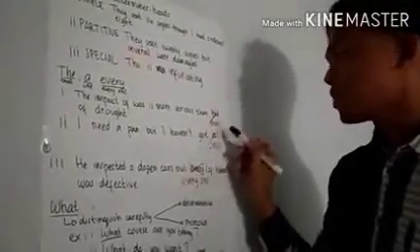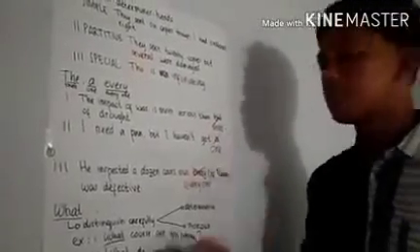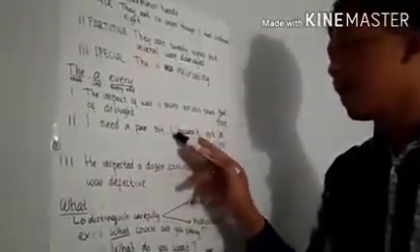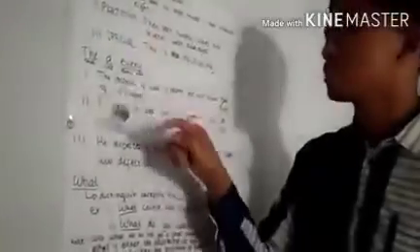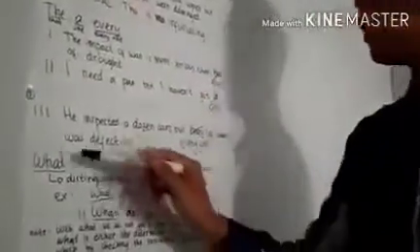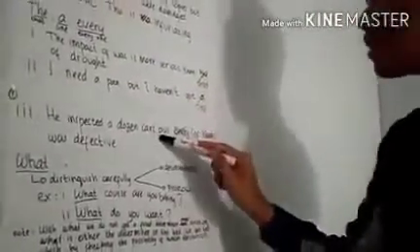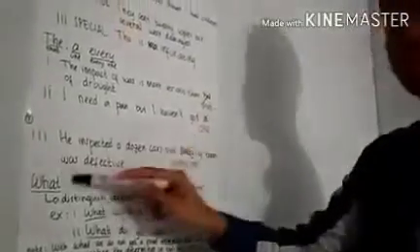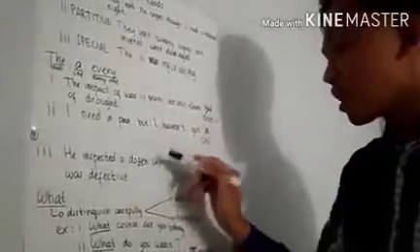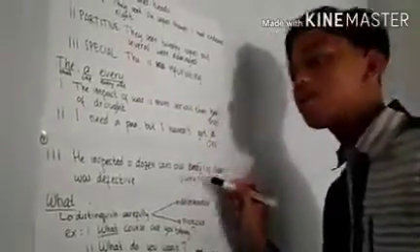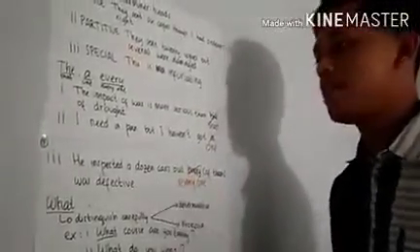So we could replace a with one: I need a pen, but I haven't got one. And then example for every: he inspected a dozen cars, but every was defective. He inspected a dozen cars, but everyone was defective, right?